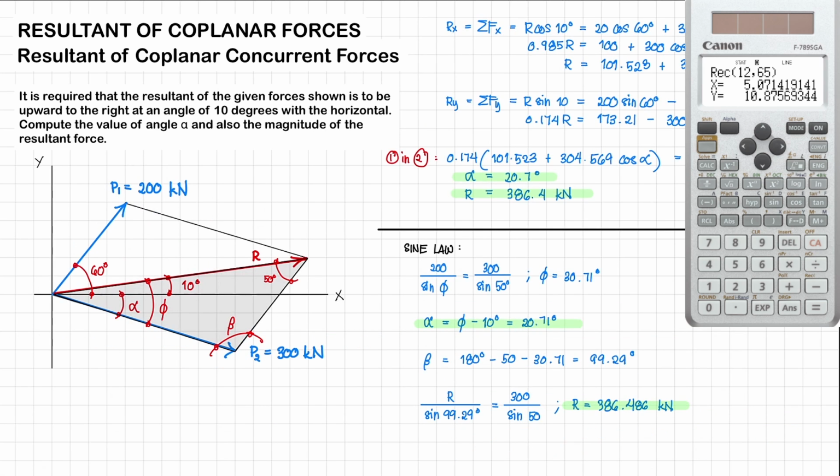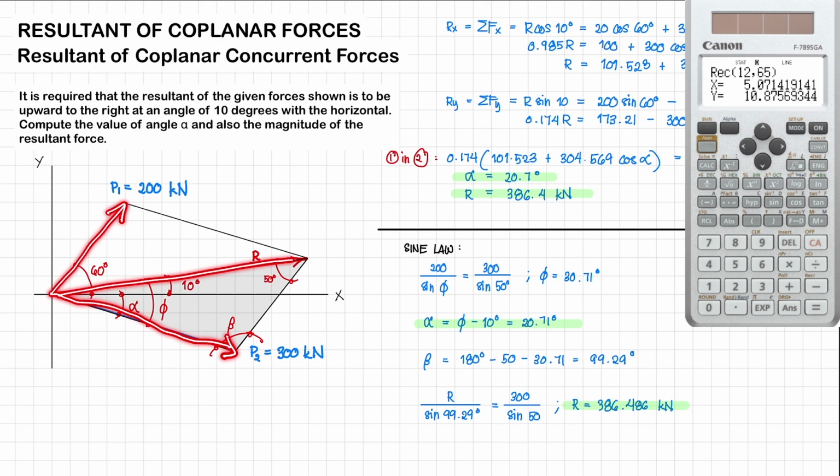So let's go to our next problem. Here it is required that the resultant of the given forces as shown is to be upward to the right at an angle of 10 degrees with the horizontal, and then we are to compute the value of angle alpha and also the magnitude of the resultant force. What was given in the problem actually is your P1 and your P2.